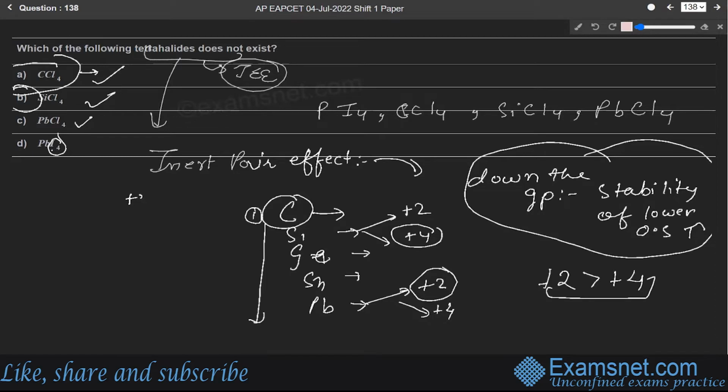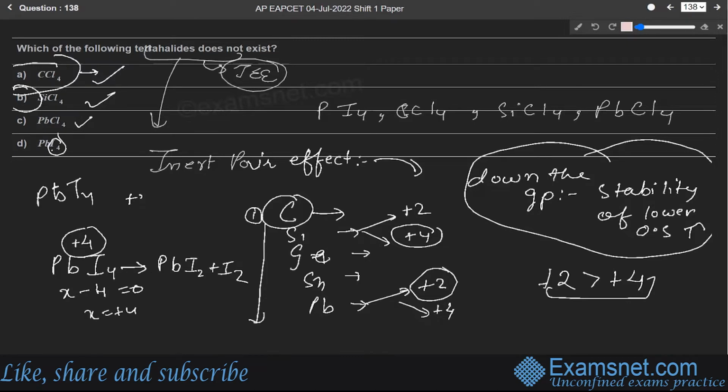Now, PbI4. The reaction is PbI4 breaking into PbI2 plus I2. PbI4 has lead in the +4 oxidation state. You can calculate that: x minus 4 equals 0 gives x equals +4. Can you see it is reducing? This is a strong reducing agent.